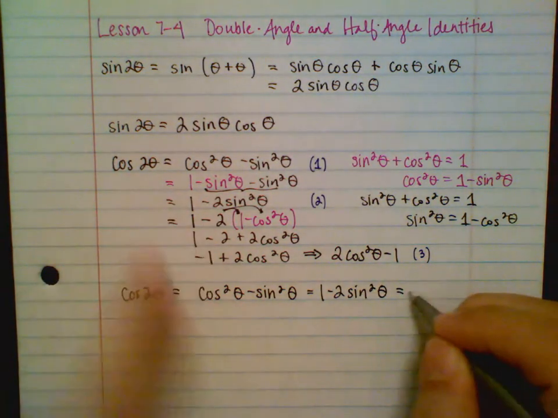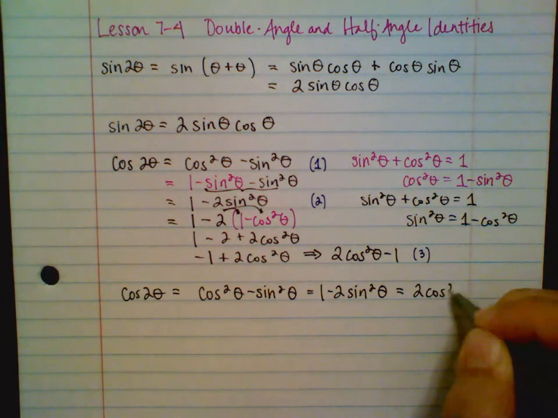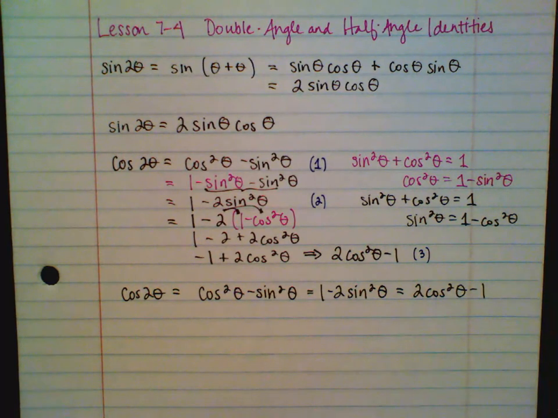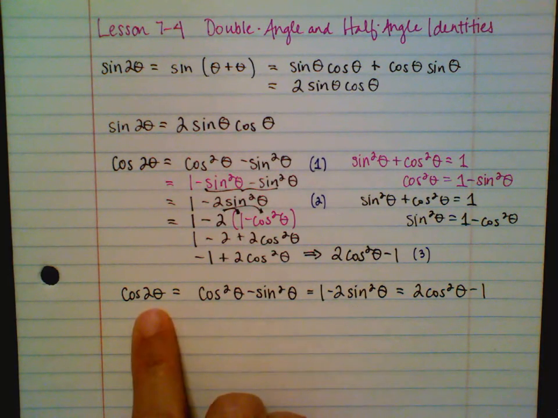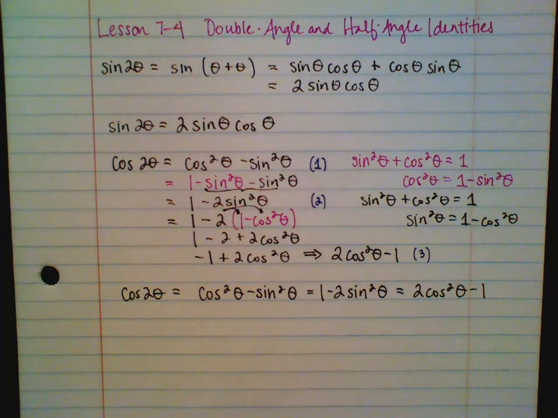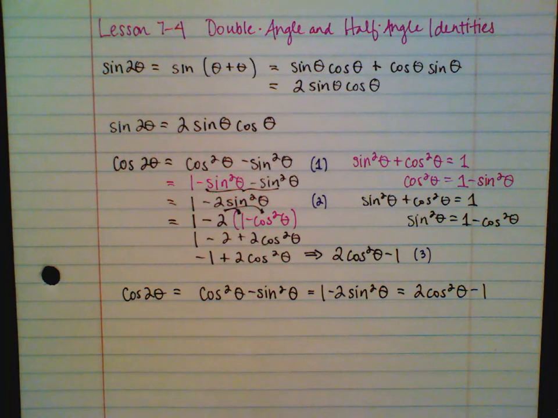And then it is also 2 cosine squared theta minus 1. This one's interesting because it has so many different interpretations. It's nice because if I'm only given the sine, I could easily find the cosine of 2 theta, or whatever the case may be. So these are the 3 different ways that I can rewrite the cosine of 2 theta.